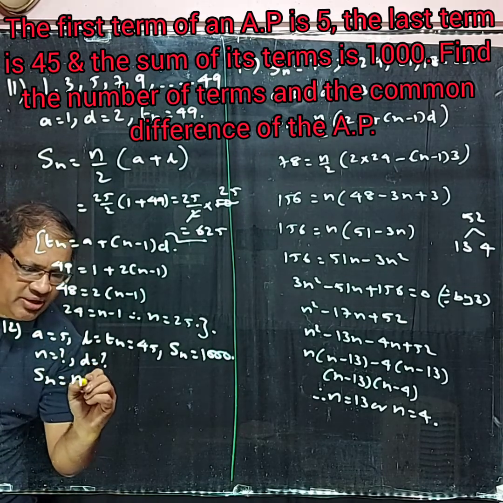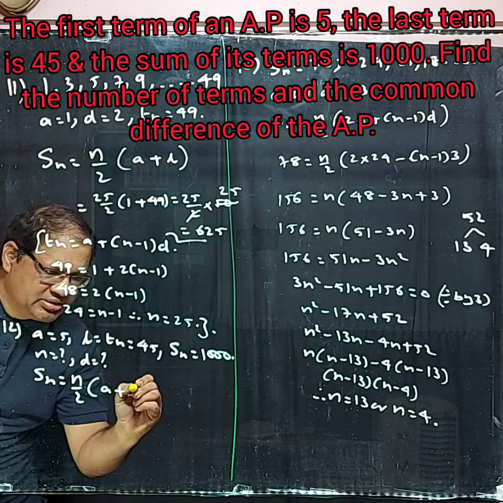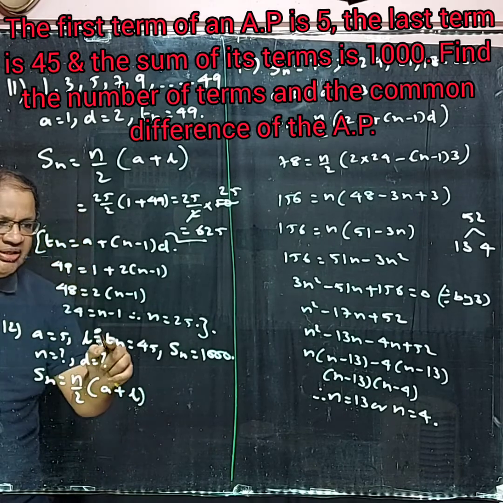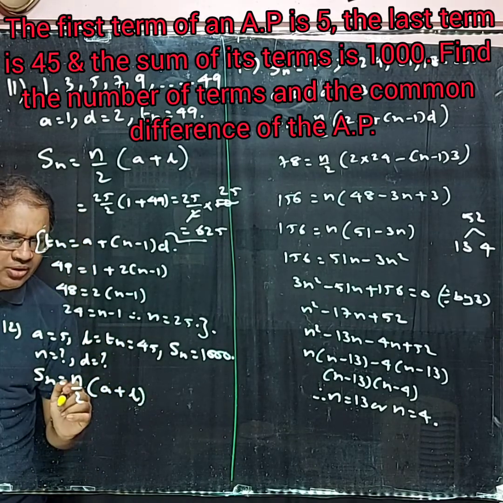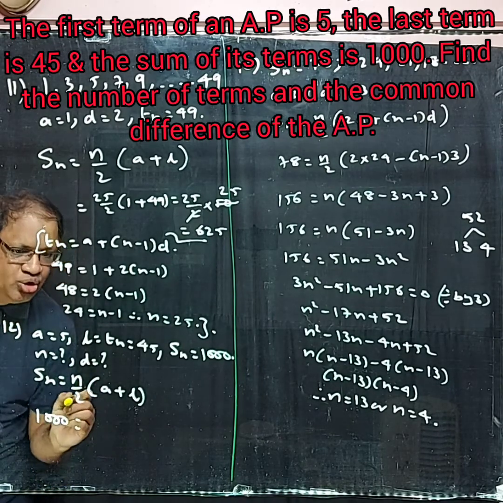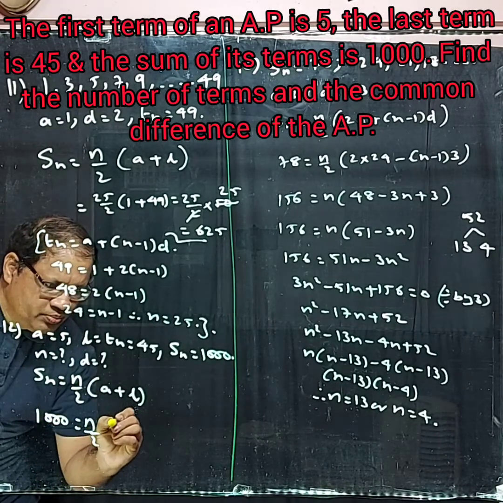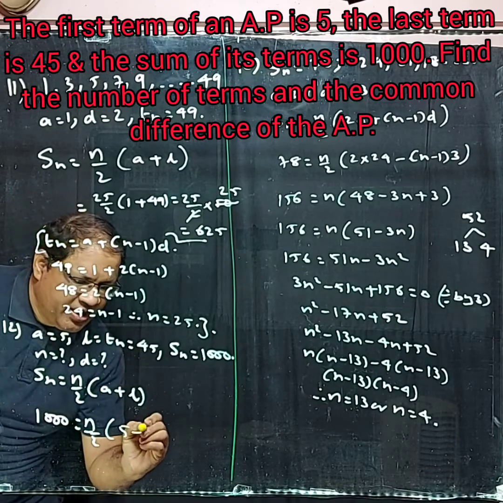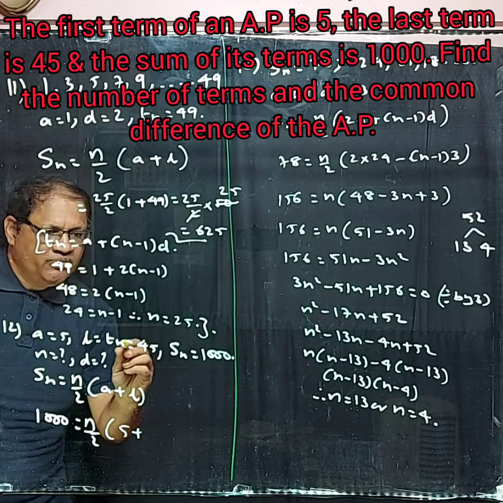Sn is equal to n by 2 bracket a plus l. Since the last term is given, Sn is also given. So 1000 is equal to n by 2 bracket 5 plus last term is what? 45.